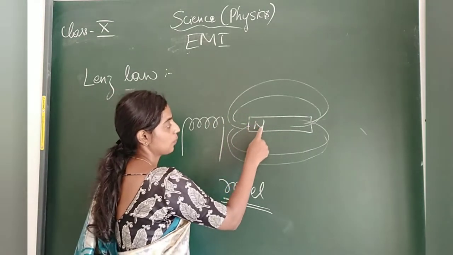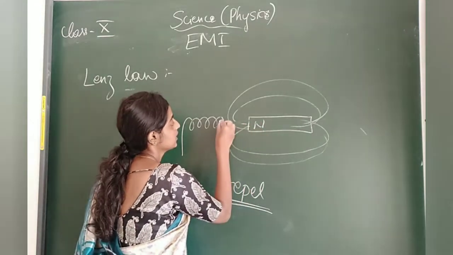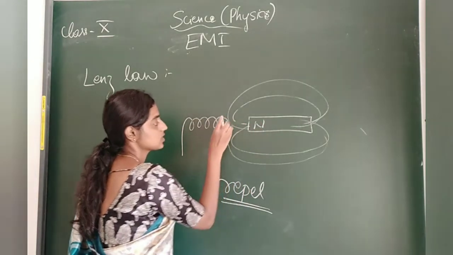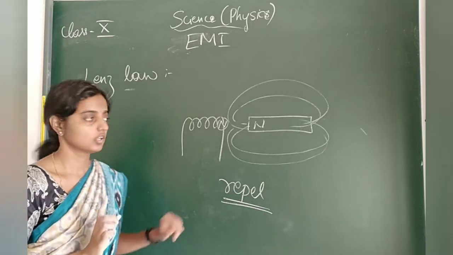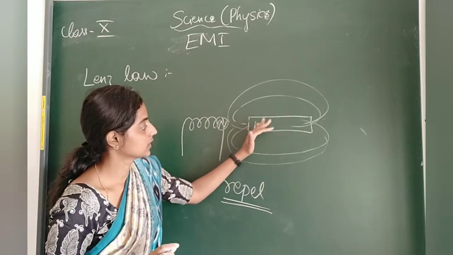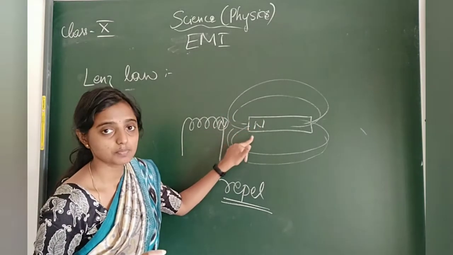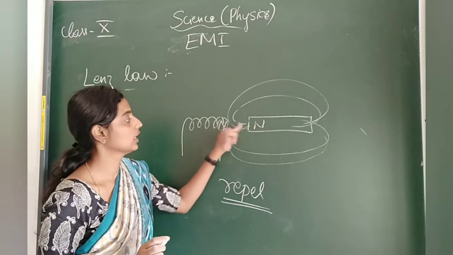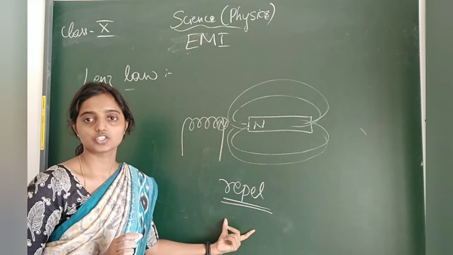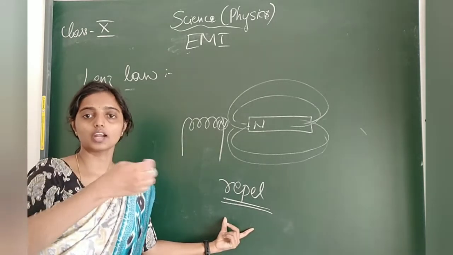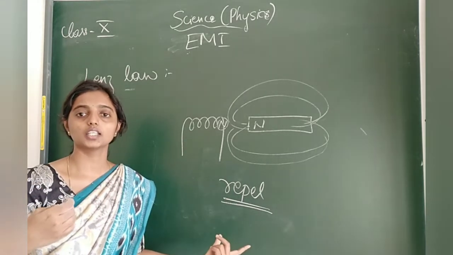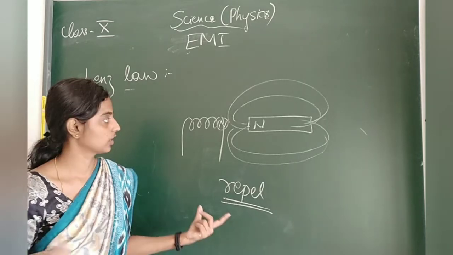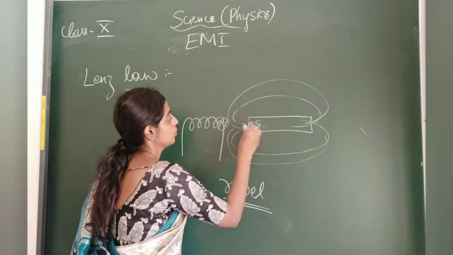If we have a north pole here, to repel it, this end should act as a north pole. To repel this magnetic field from this pole, this end should act as a north. Only like poles repel each other and opposite poles attract each other, which we studied under the properties of magnetic field. So what happens if we have south here?